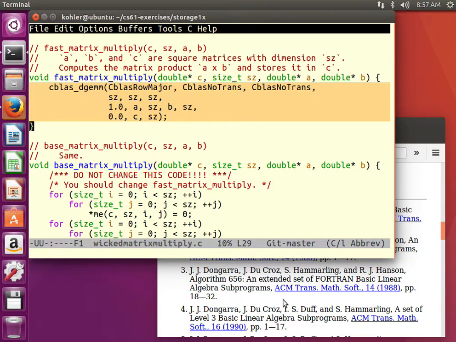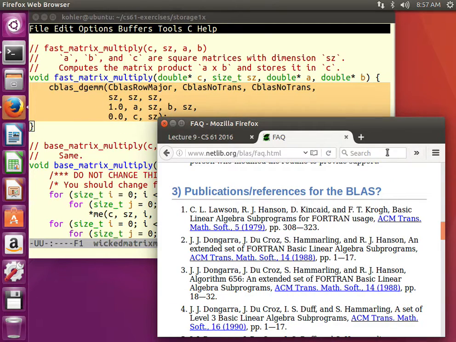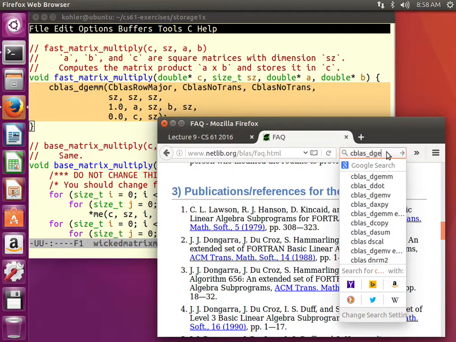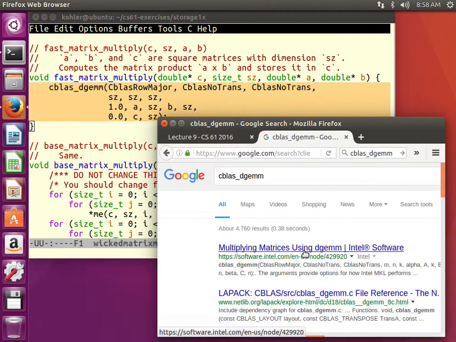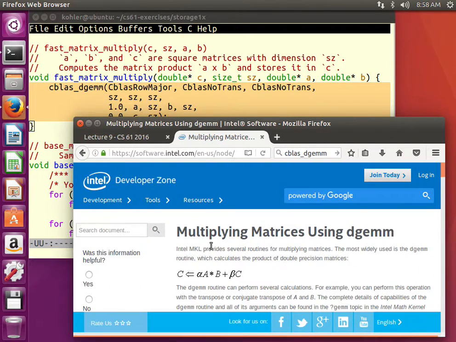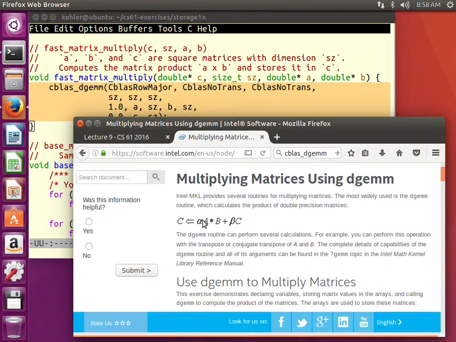So cblas_dgemm, what a name. cblas_dgemm is a function for multiplying matrices together that performs this computation: alpha times A times B plus beta times the result matrix.